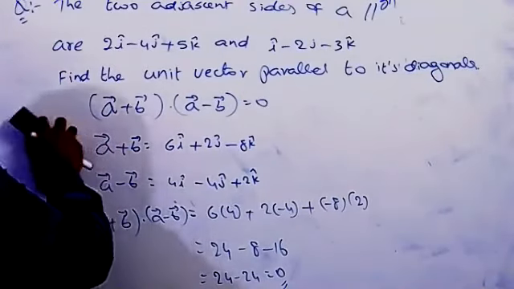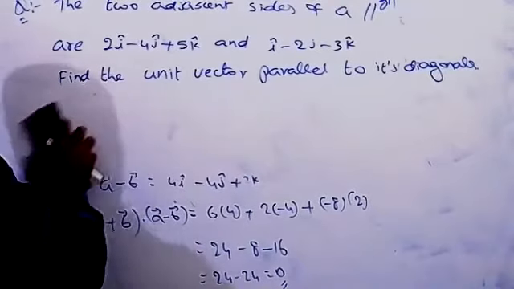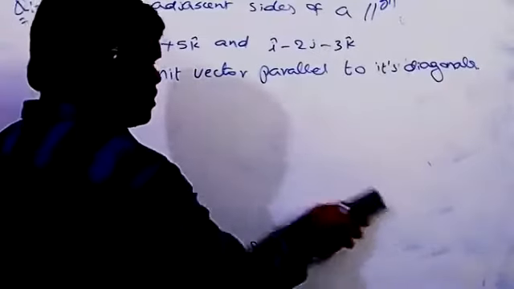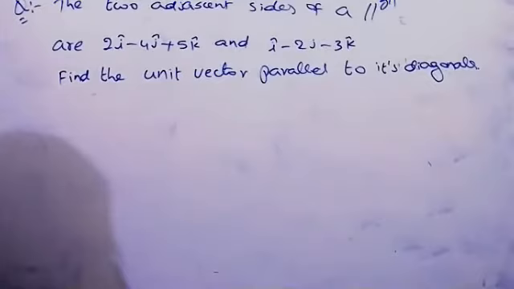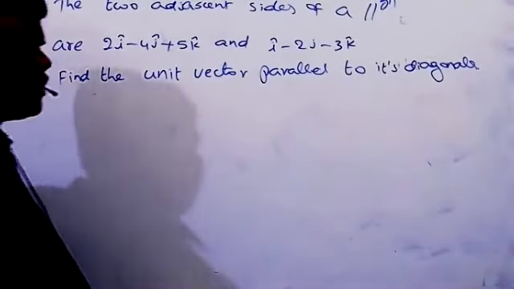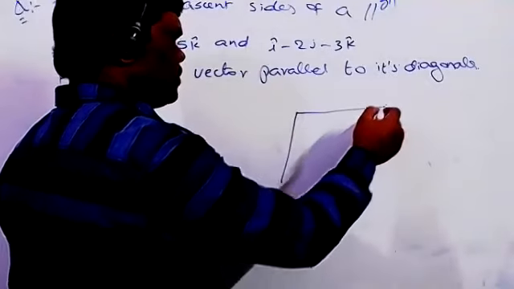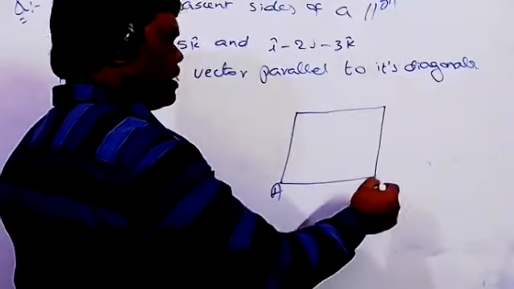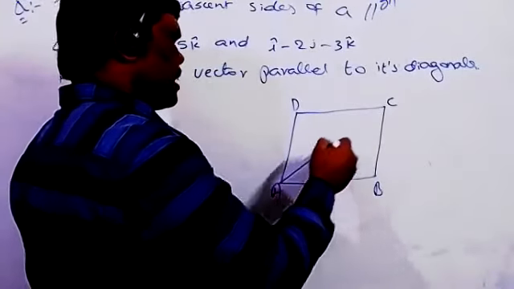Two adjacent sides of a parallelogram are given, but we need to find the unit vector of the diagonals, parallel to the diagonal. Generally, we know very well that in a parallelogram, opposite sides are equal. Suppose we take A, B, C, D, and the diagonal.